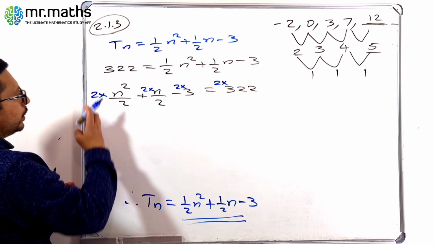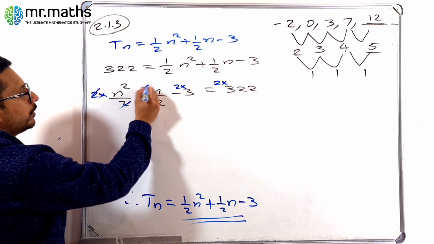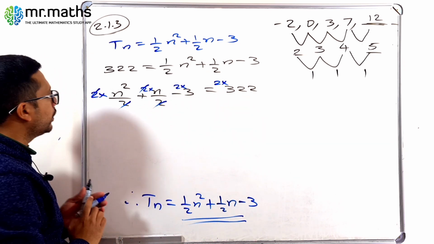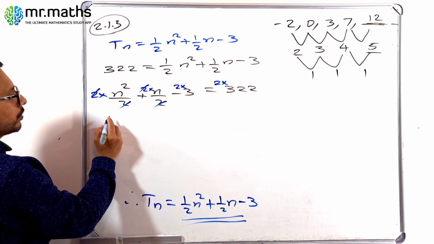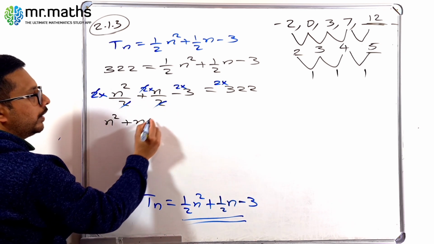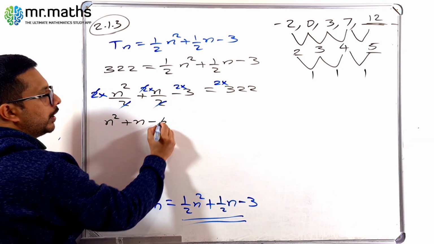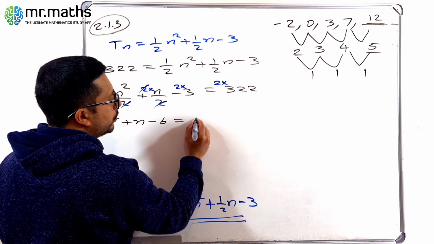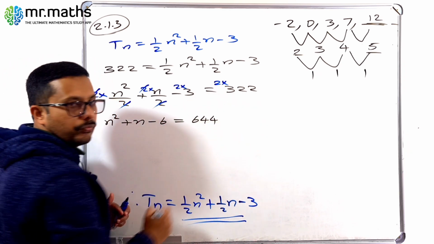It won't make any difference because left side and right side throughout I multiply with a 2. So here this 2 and 2 cancel, this 2 and 2 cancel, 2 times 3 is 6, then you multiply this one. Here 2 cancel, so what is remaining, n square, 2 cancel, remaining is n, 2 times 3 is minus 6 is equal to 2 times 322, 644.